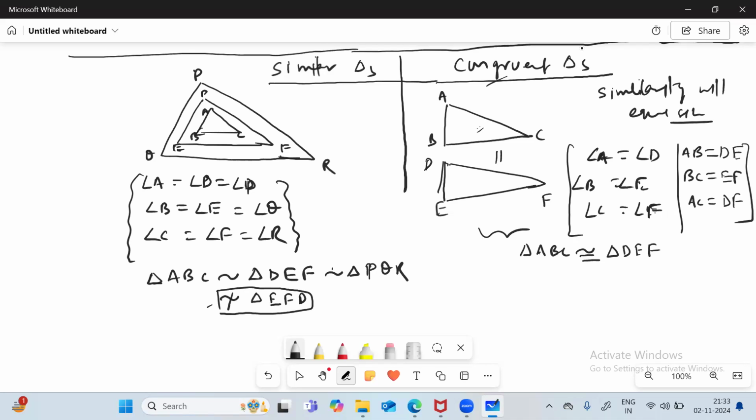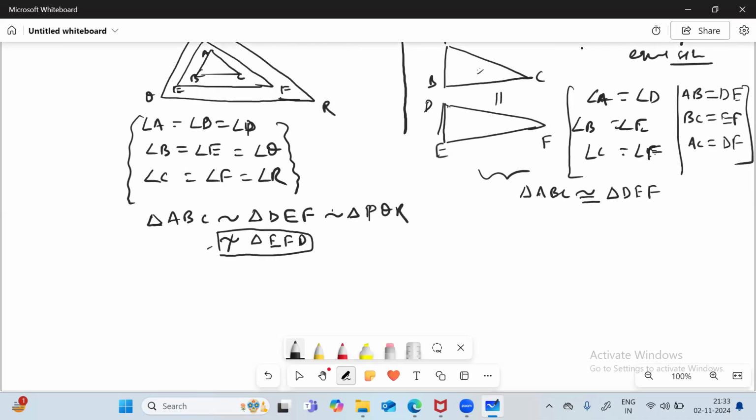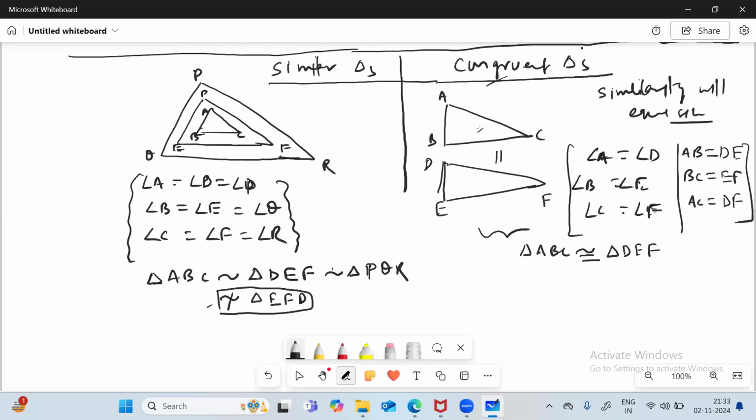One of the first results I'll talk about: in these two triangles, if DF is 2 times AC, that means if this is in 2:1, then all the other sides will also be in 2:1.